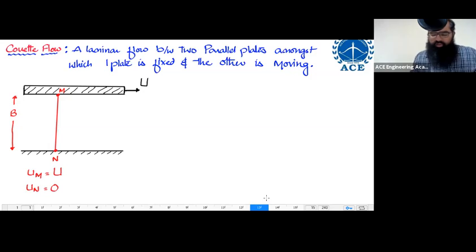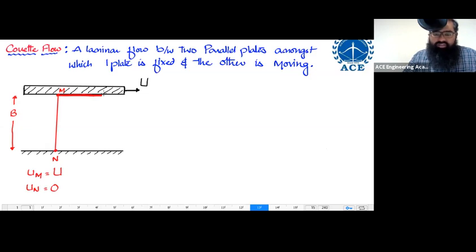So the velocity over here is capital U. What kind of velocity profile is possible?